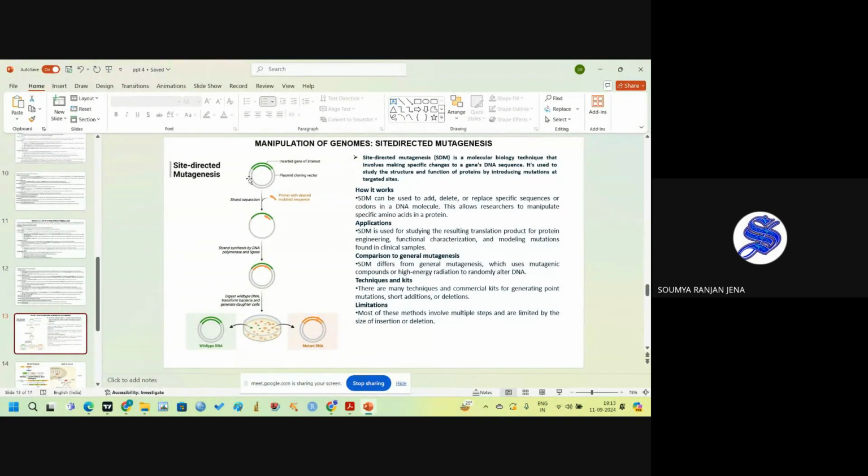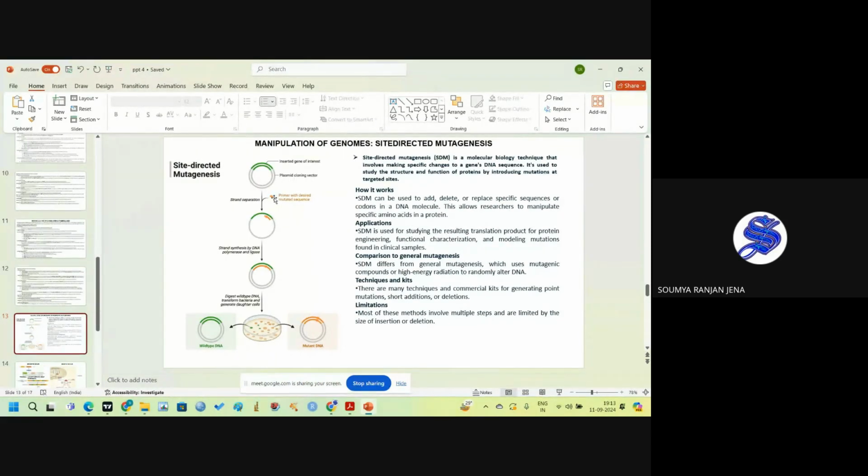How does this SDM work? Now, this is a plasmid cloning vector. This plasmid is for bacteria, and then we insert the target gene, and then strand separation with primer. Here we put the primer. The strand separation will take place by heating. Then these two strands will be separated.